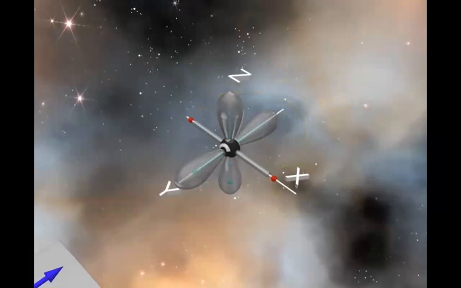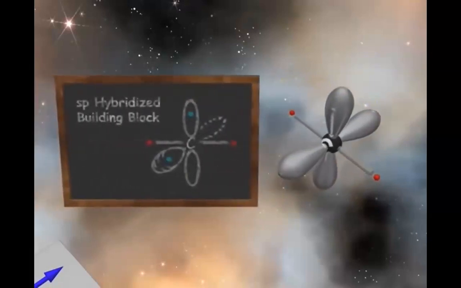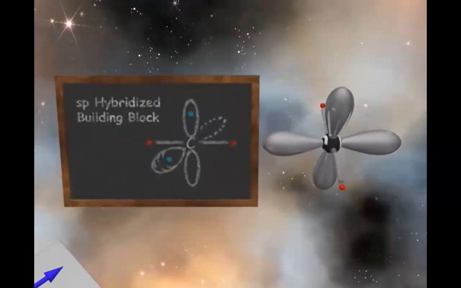It's important to understand the structure. We will often draw the sp hybrid orbitals as shown.